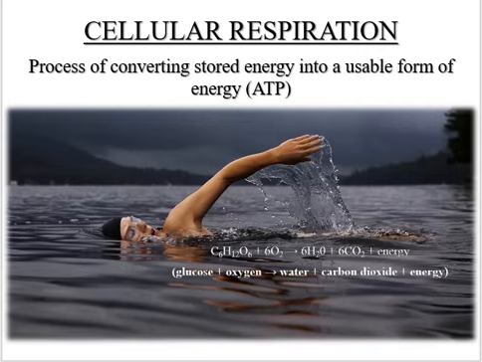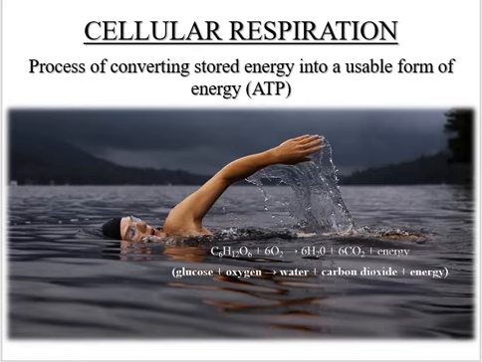So in other words, cellular respiration breaks down stored energy that's found in organic fuel sources or food into a usable form of energy, that usable form being ATP. And then that can be utilized for cellular work by the organism.